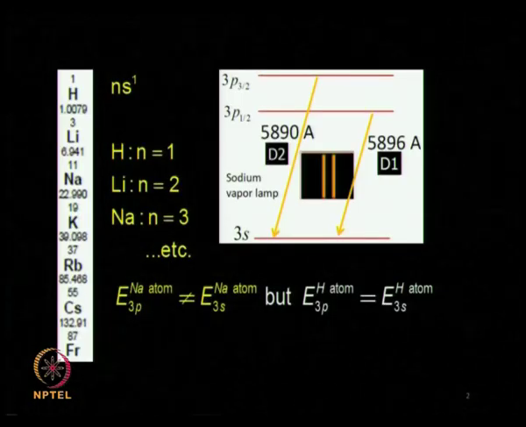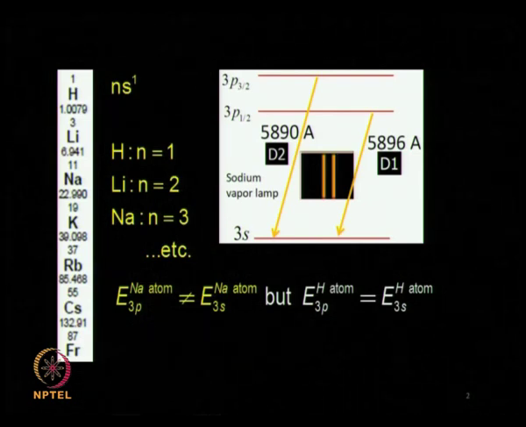The energy eigenvalues of the hydrogen atom, they go as 1 over n square, they do not depend on the L quantum number. So the question that one would ask is this, that the energy of 3p is different from that of 3s for the sodium atom, but it is not the case for the hydrogen atom.